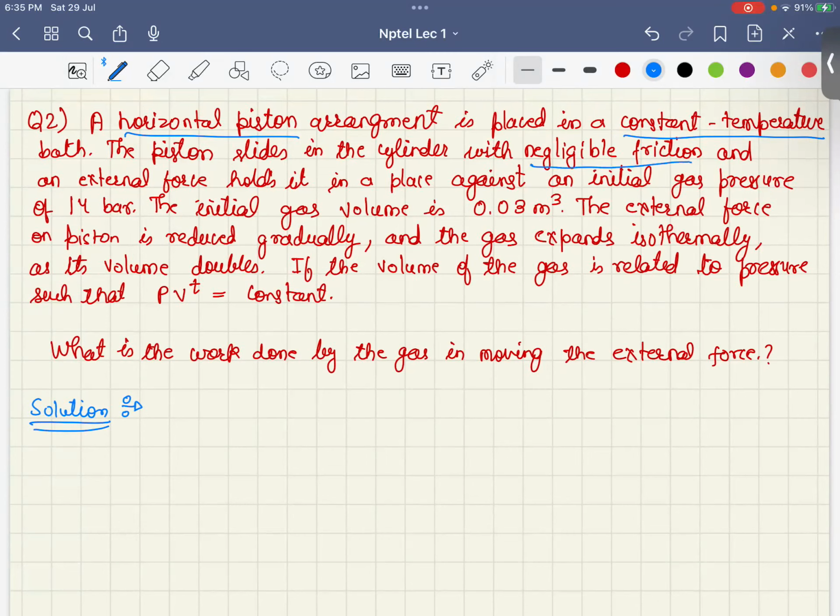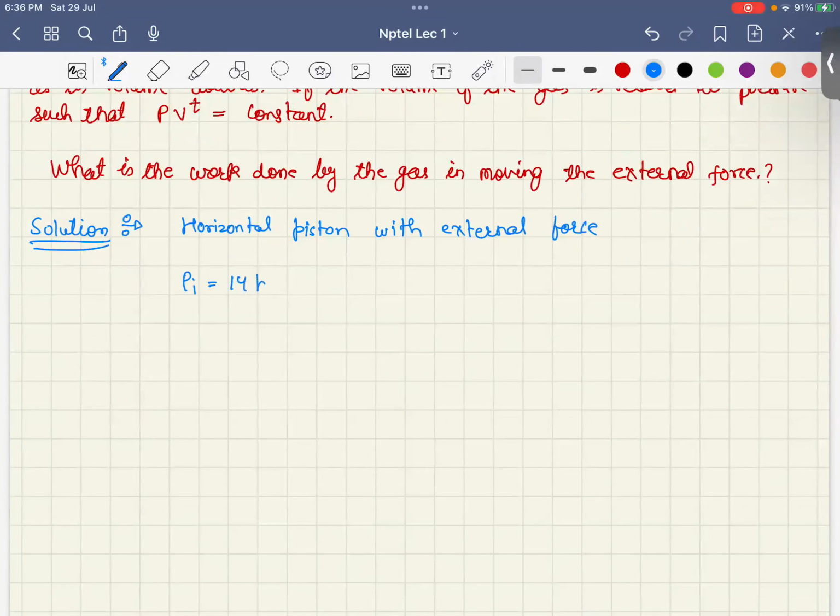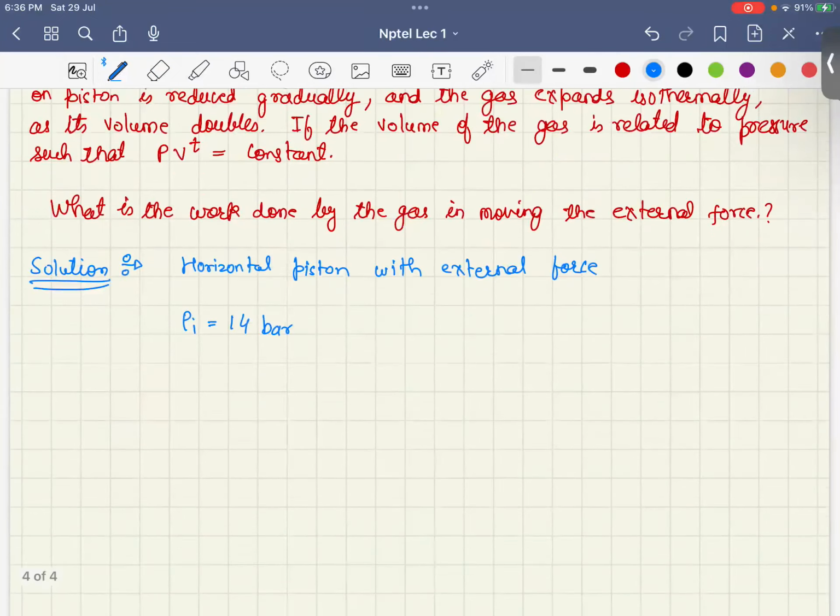So frictional losses are zero, and an external force holds it in place against an initial gas pressure of 14 bar, right?